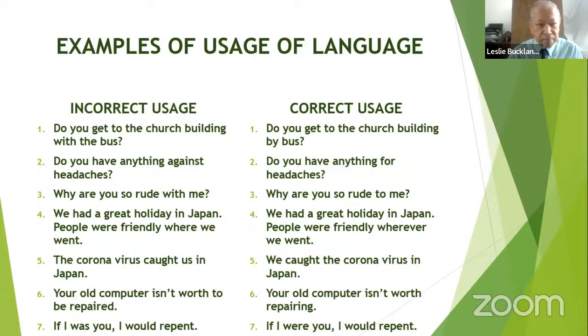And that is why we have examples of usage of language. We wouldn't have incorrect usage on the left hand and correct usage on the right hand if we were simply describing how language is used by a particular speech community.